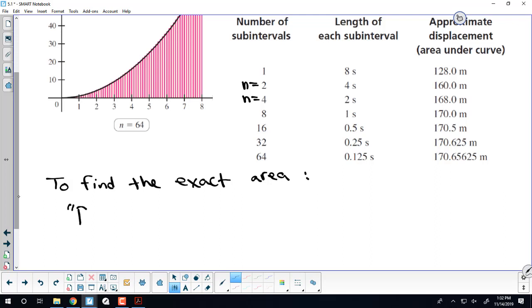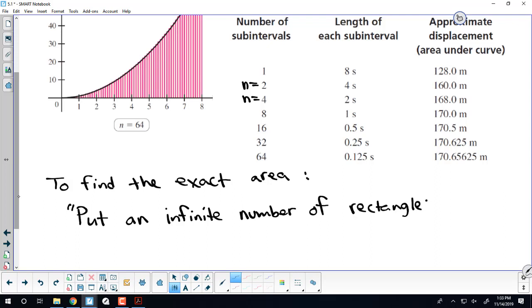An infinite number of rectangles in the region.